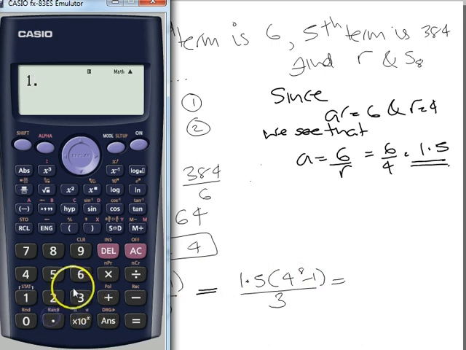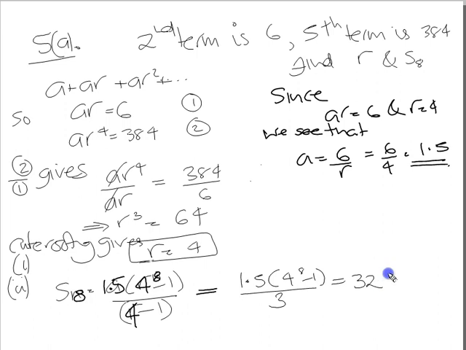So it's 1.5 times bracket 4 to the power 8, minus 1, close bracket. And then you divide that by 3. Tap it in the calculator. Find the decimal. It's 32767.5. So let's write that down. 32767.5. That's S8.